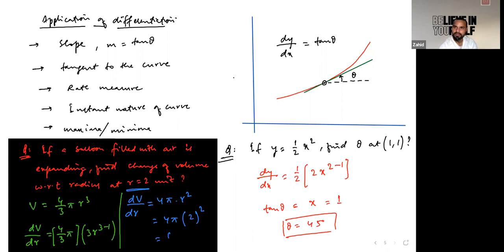You will get 16 pi is equal to dv by dr. So dv is nothing but the change in volume and dr is nothing but the change in radius. In total, it defines the change of volume with respect to the change in radius. Is it clear to you all?